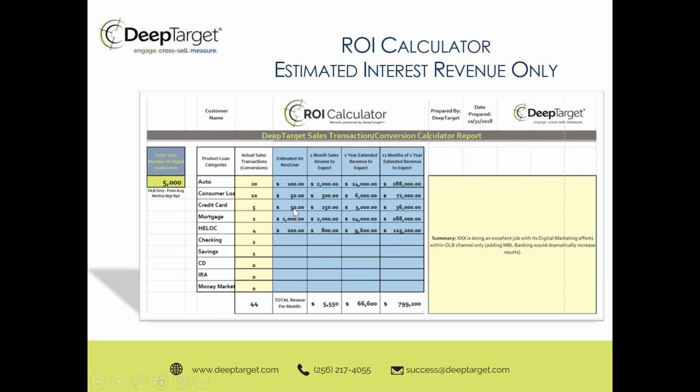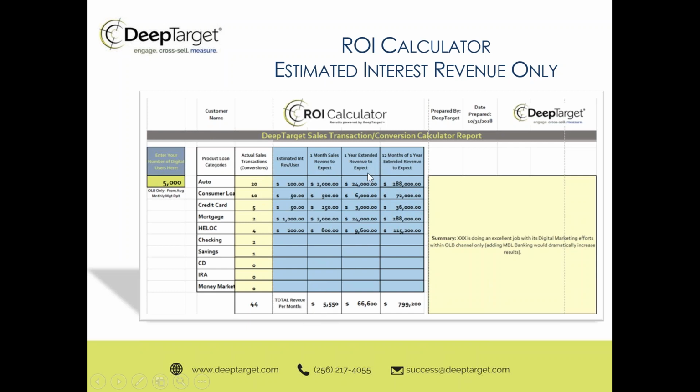Consumer loan 50, credit card maybe 50, mortgage 1,000, and so forth. And with your product influence conversions multiplied by that, this is how much money you would have made through DeepTarget's influence conversions in 1 month, in this one particular month.